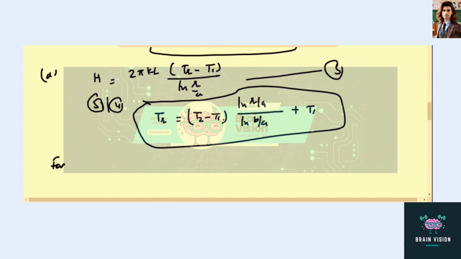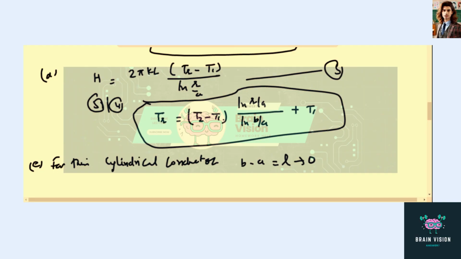For very thin cylindrical conductor, b minus a, which is L, is approaching to 0.